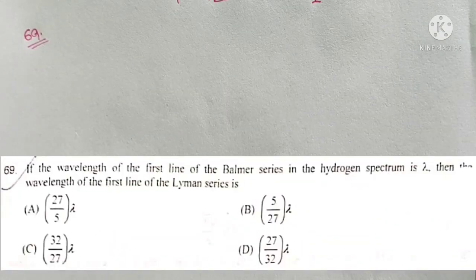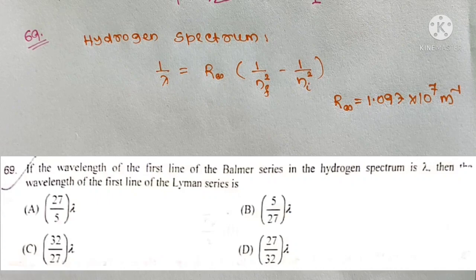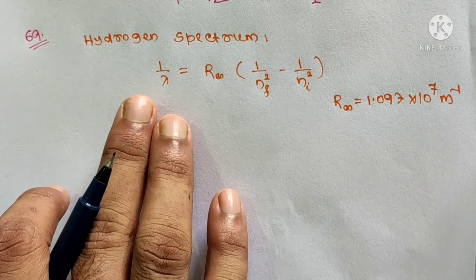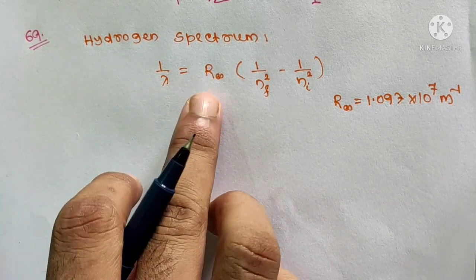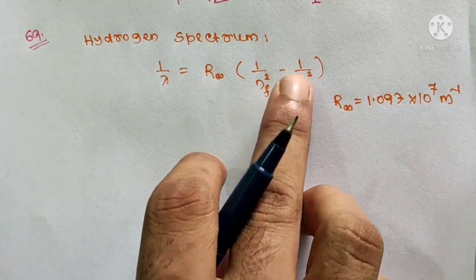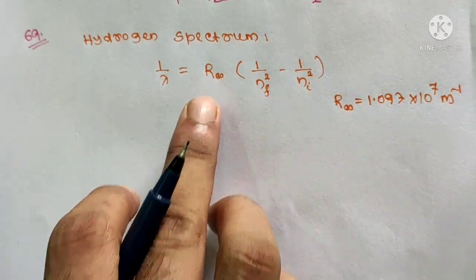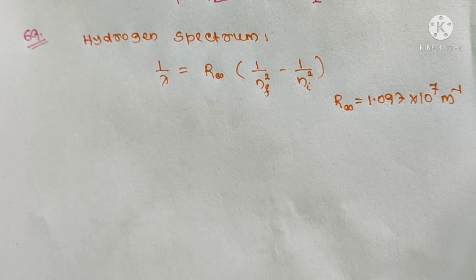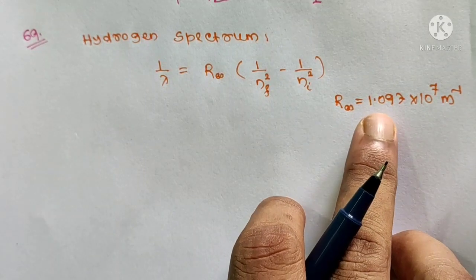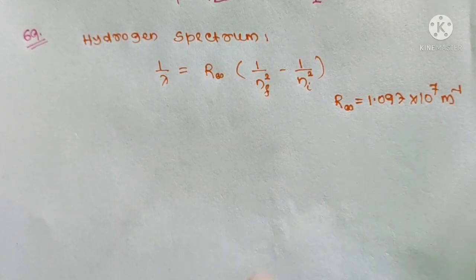Question number 69. If the wavelength of the first line of the Balmer series in the hydrogen spectrum is lambda, then the wavelength of the first line of the Lyman series is. We know for hydrogen spectrum wavelength is given by 1 by lambda equal to R infinity 1 by nf square minus 1 by ni square, where R infinity is the Rydberg constant, value is 1.097 into 10 to the power 7 meter inverse.